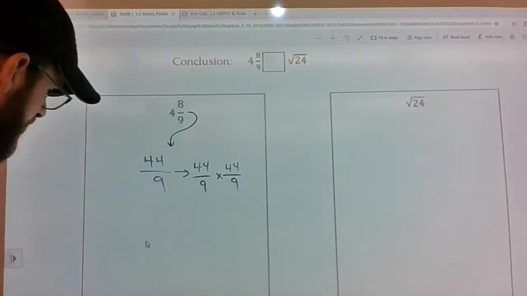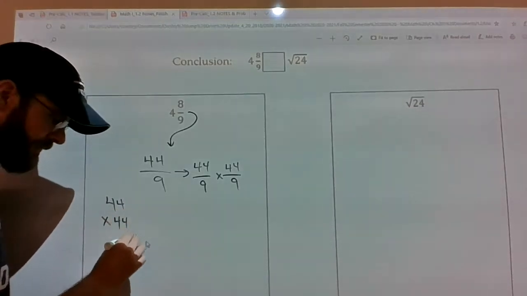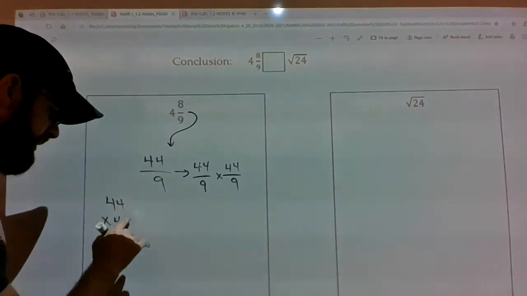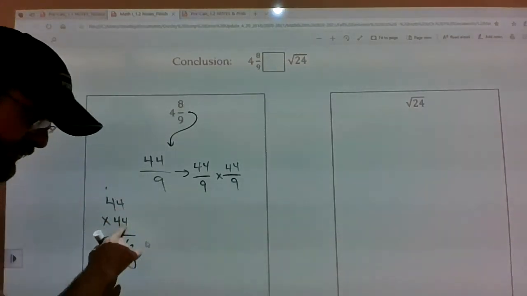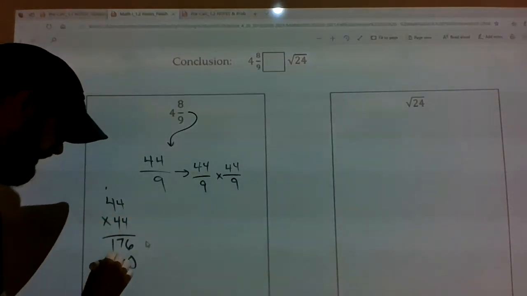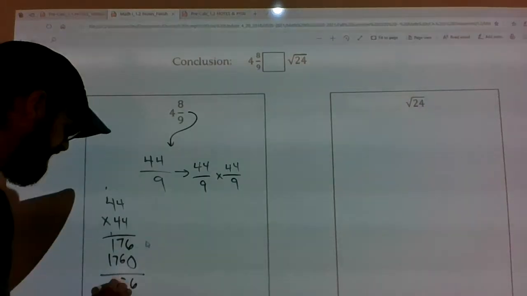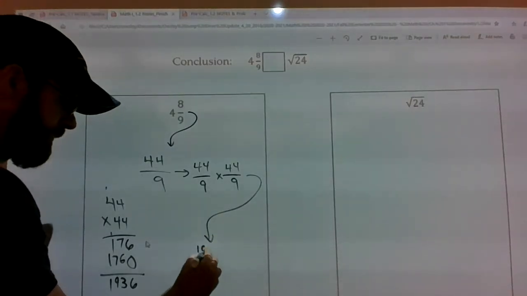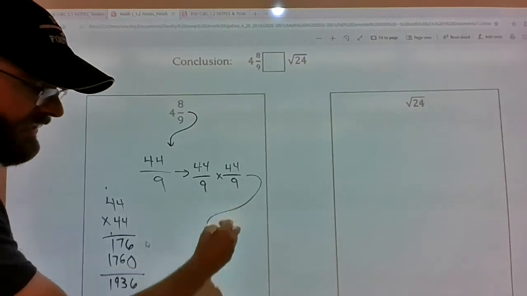I'd expect you to say, I don't have 44 squared memorized. That would be my expectation. 4 times 4 is 16, carry a 1, 17. Drop a 0 because we're no longer using that placeholder. 4 times 4 is 16, carry the 1, 17. It's a pretty large number. We've got 1,936. And then our denominator will be 9 times 9, 81.